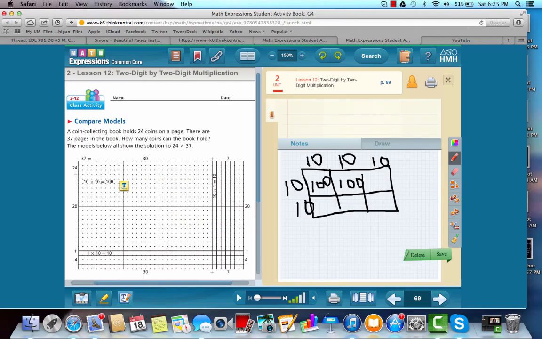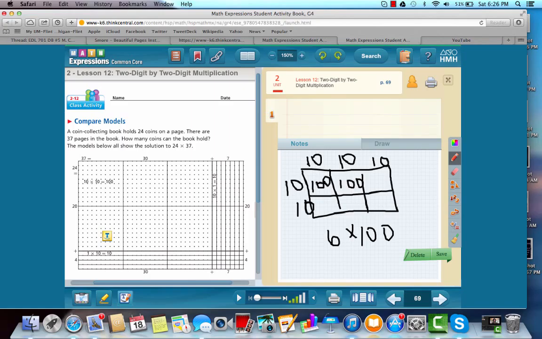So all together, these 6 boxes would be 6 times 100, which would give you 600. So we have 600 here.